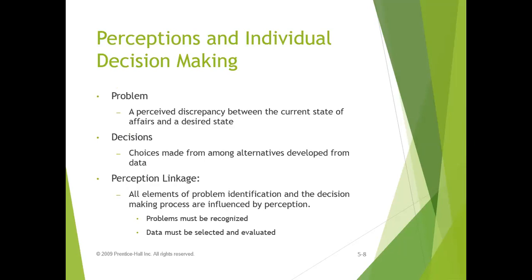Every decision requires us to interpret and evaluate information. We typically receive data from multiple sources that we need to screen and process. We interpret the data, and then the relevant data might be used in decision making, and we use it for the purposes of our decision making in the organization.